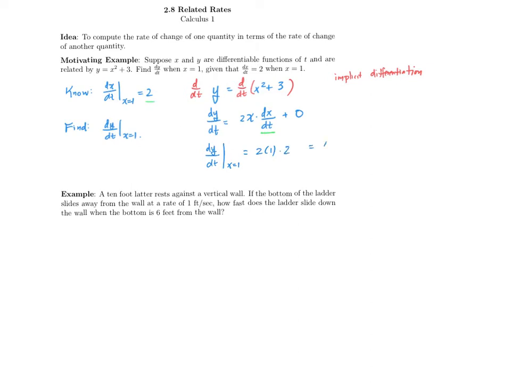And this is all equal to 4. And that is the desired rate of change that we are looking for. So note, overall, once you have this equation relating the two quantities, it comes down to differentiating implicitly, isolating for the rate of change you are interested in finding, and substituting in the specific value you want to know something about.